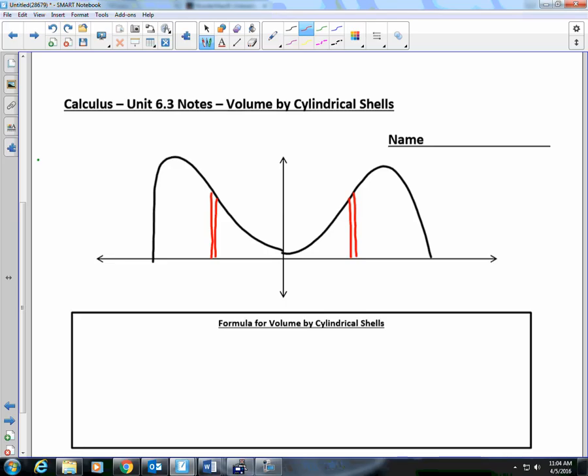You're gonna have a really really thin piece of metal that goes all the way around. Correct? That's what we're getting. So we're getting this really thin shell that goes all the way around.